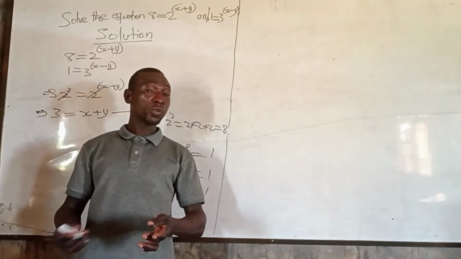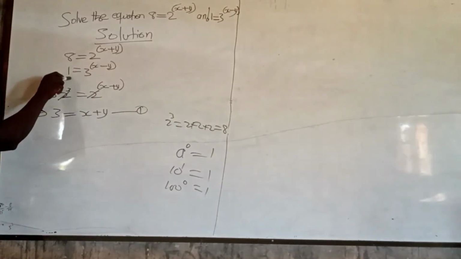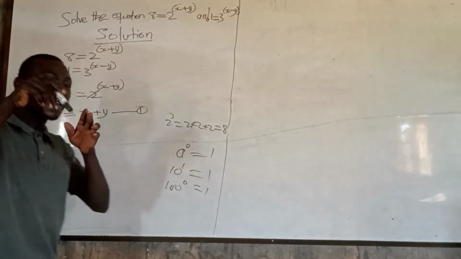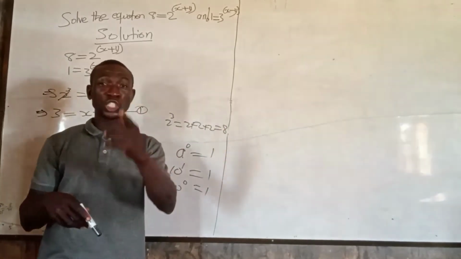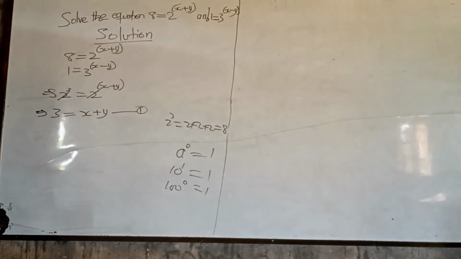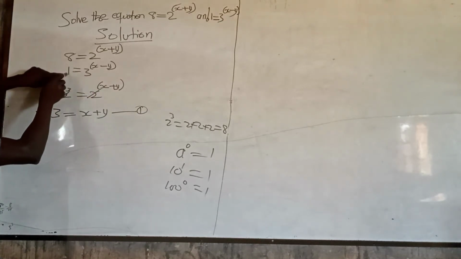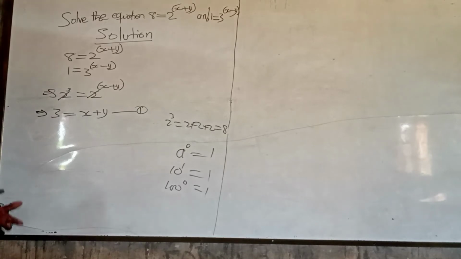Any number at all to the power 0 will give us 1. So, this one here means that a certain number raised to the power 0 gave us this one here. And since we have 3 here, then we also introduce 3 to the power 0 here.